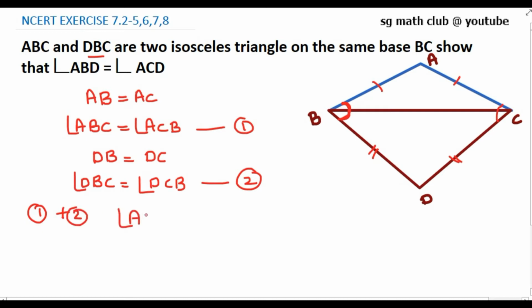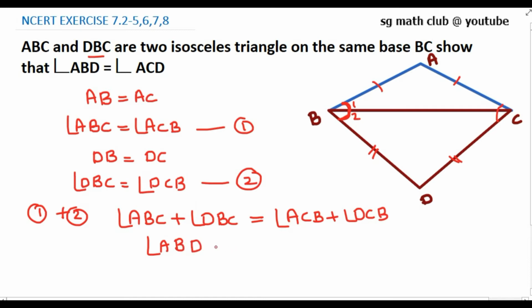When you add, angle ABC plus angle DBC will be equal to angle ACB plus angle DCB. ABC plus DBC will give you angle ABD and ACB plus DCB will give you angle ACD. Hence the proof.